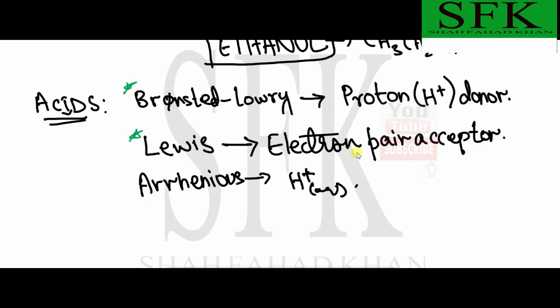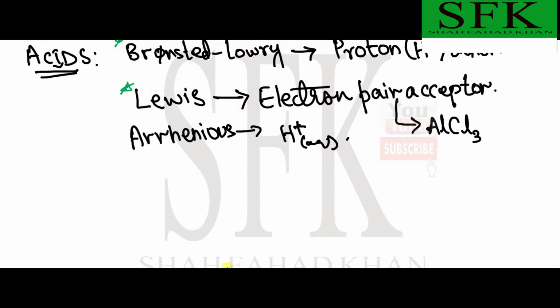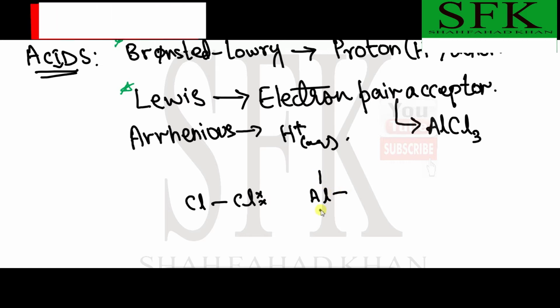We've also done an example of a Lewis acid. Remember the AlCl3 catalyst that we used in electrophilic substitution? It is a Lewis acid. Basically, it accepts electrons from the chlorine molecule while we were doing the halogenation reaction. A chlorine-chlorine molecule reacted with the AlCl3 catalyst.